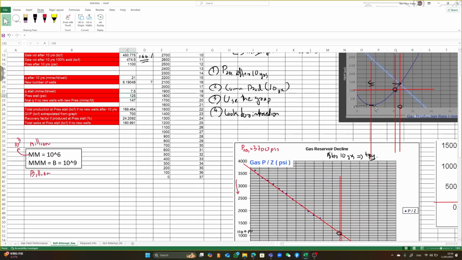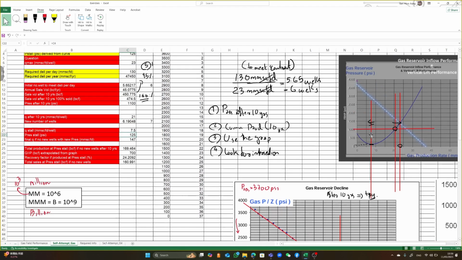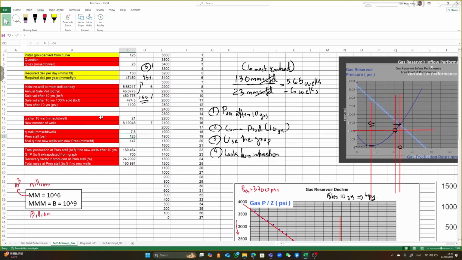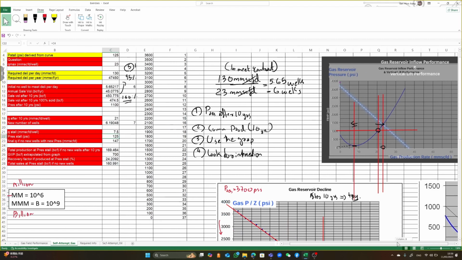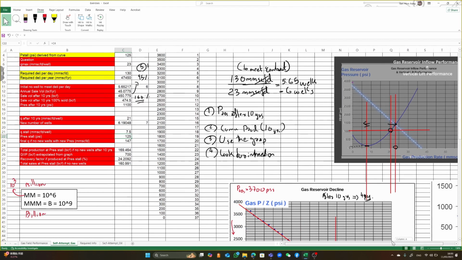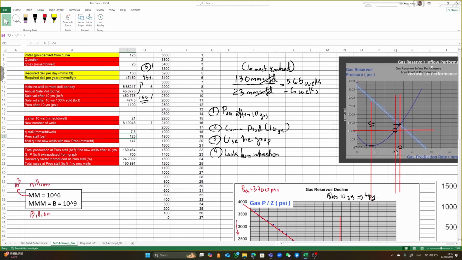We need to look at this stall reservoir pressure, which as we estimated is 125, and then put a straight line across it and look at where it intersects on the x-axis, which is the gas production rate per day, and it will give us how much rate is produced at this stall reservoir pressure, which is the minimum flow rate. And I consider this as 7.5 because this is 5 and this is kind of in the middle.